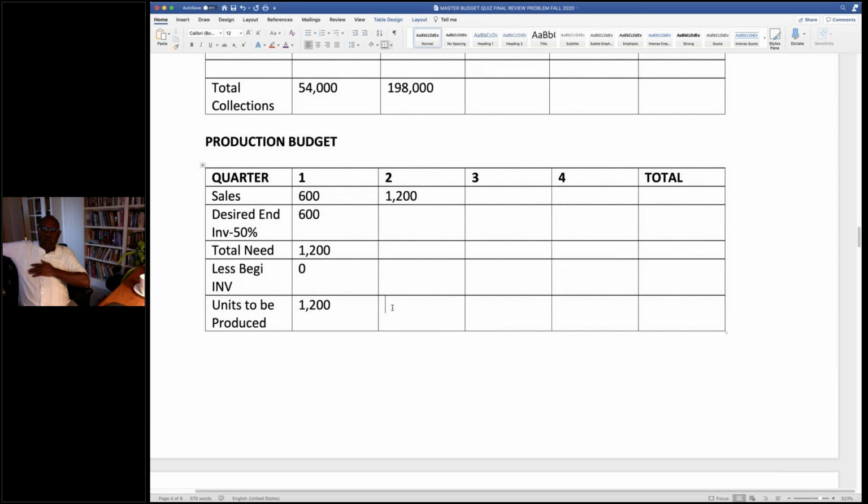Professor, sorry, what were we figuring out? Trying to figure out what's going to go in this box right here. Units to be produced the second quarter. Oh, you said the units to be produced.